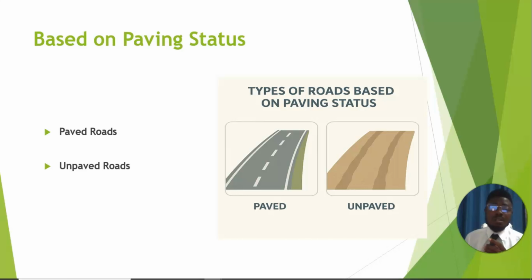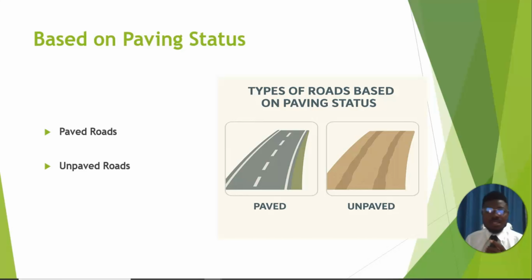But based on the paving status that we said here, the paved roads and the unpaved, any road where we see asphalt or concrete or any materials on that road, we can say that is a paved road. And like I said, the difference between a paved road and an unpaved road is that paved roads are usually smooth and durable, but unpaved roads are not durable.